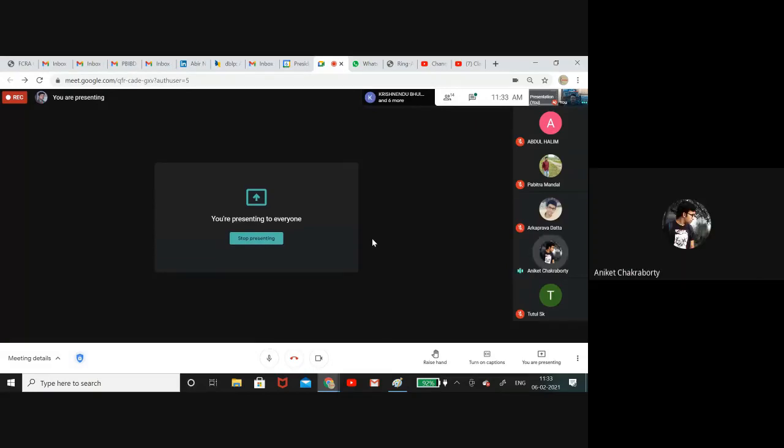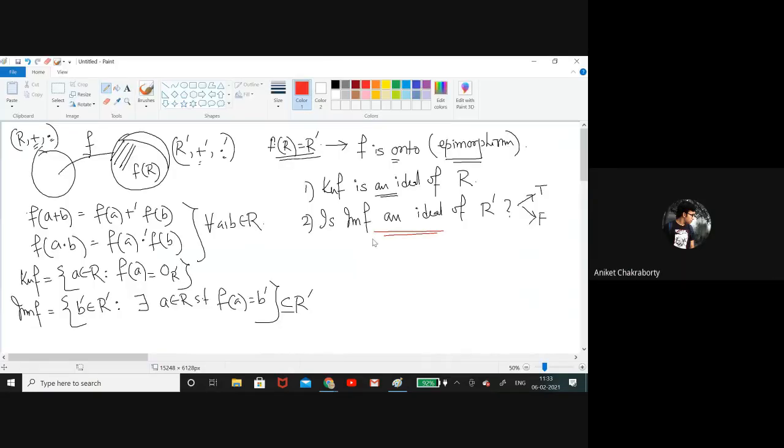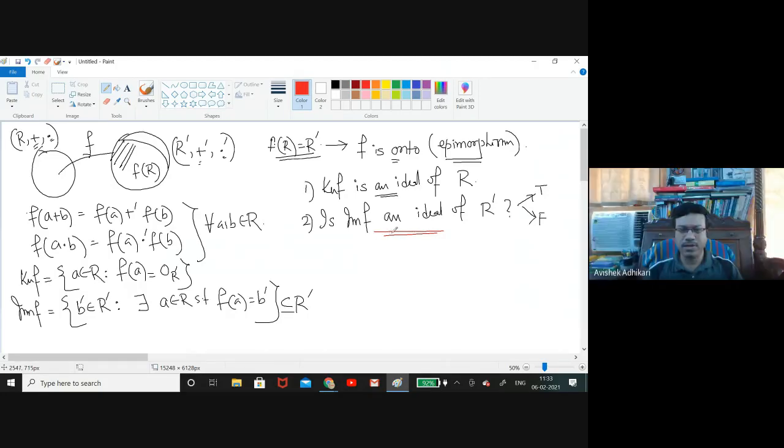So the image is a subring, but I'm checking the ideal. Okay. So according to Aniket, he says that image F is a subring of R dash. How to prove that?